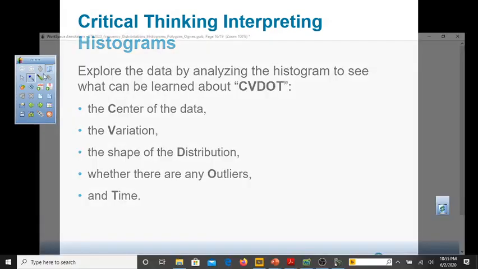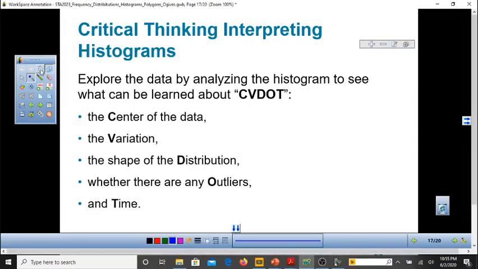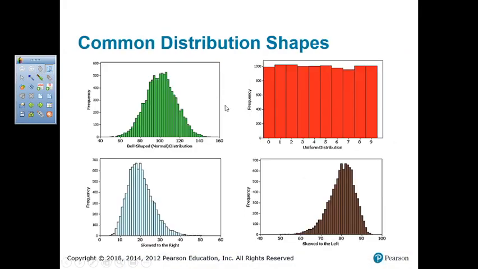A quick idea of some frequency distributions are these. This is a normal distribution, which we'll study later in the course. A uniform distribution, which basically the heights are approximately the same. And then you have one that's skewed to the right, even though the bulk of the values are on the left side. It's saying that the mean is on the right.